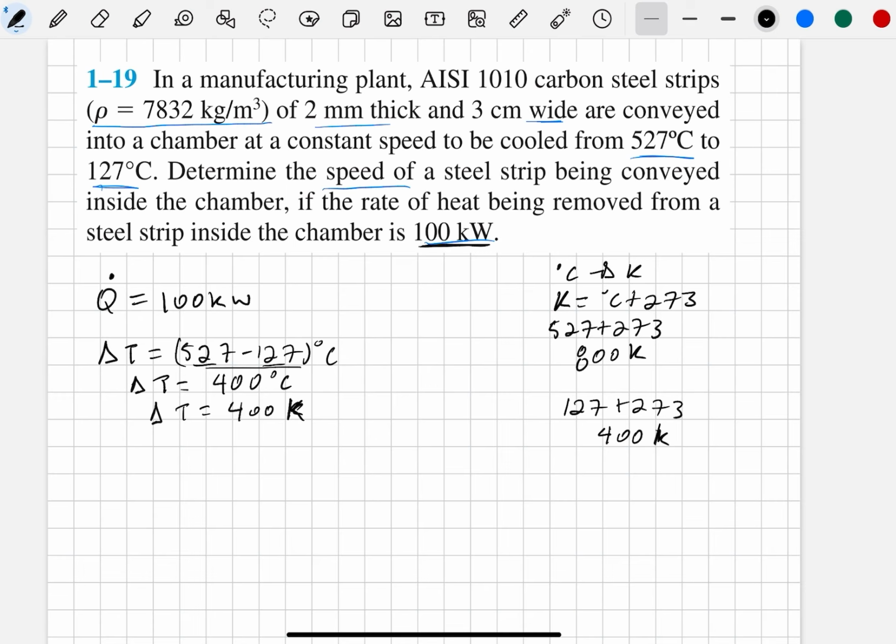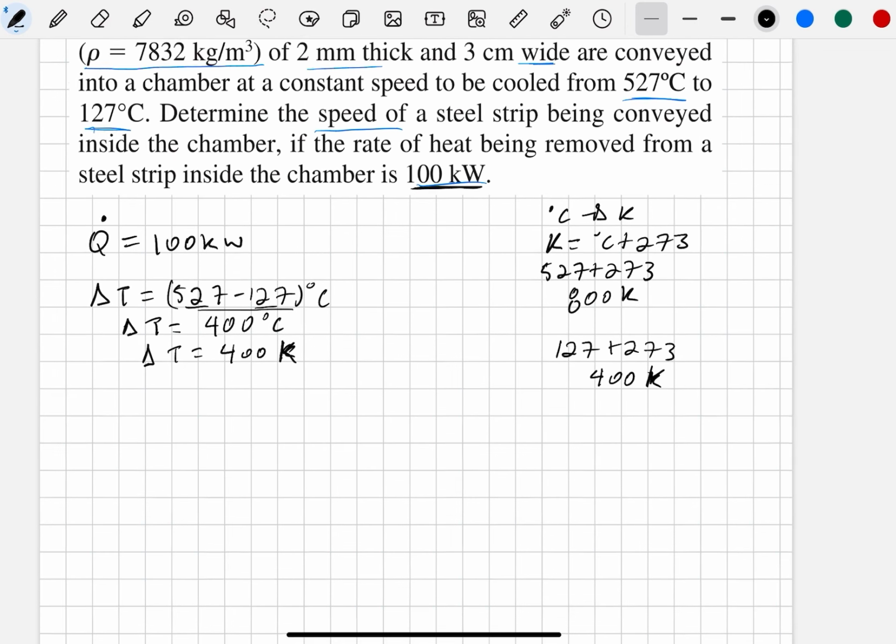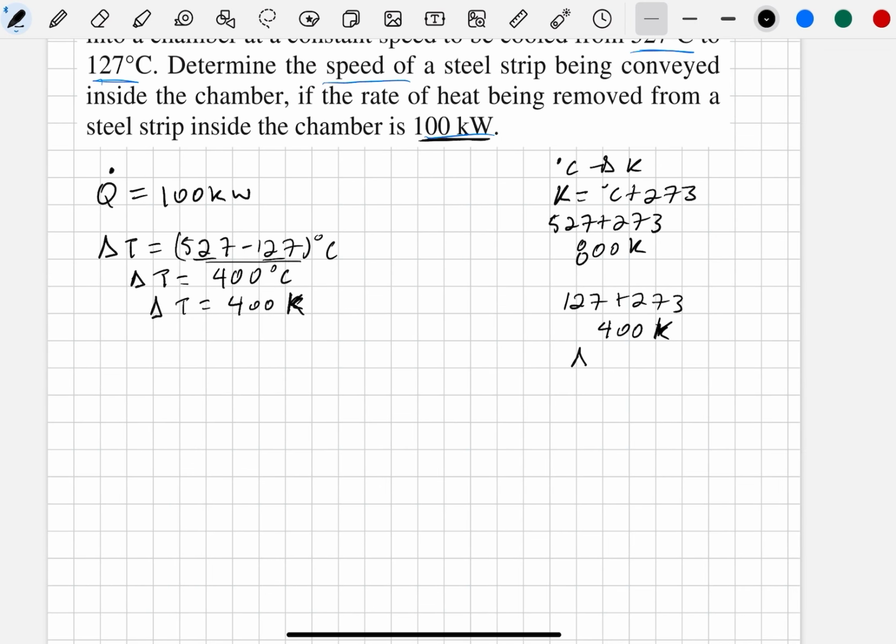Notice that I no longer have degrees Celsius, now I have kelvins. If I do the change in temperature, 800 kelvins minus 400 kelvins, then my change in temperature is 400 kelvins.